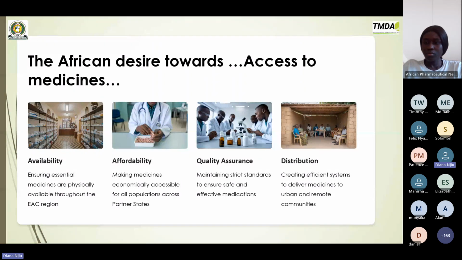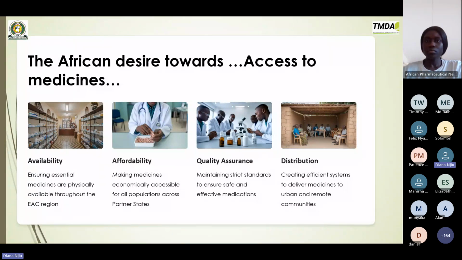These are some of the efforts to fast track medicine registration and approvals. There are also local pharmaceutical manufacturing efforts to strengthen African capacity to produce essential drugs within the region and within Africa.